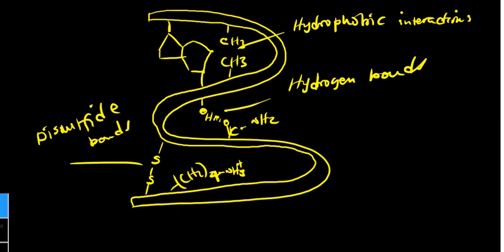For example, this is an amino acid. We have CH2. Then we have C like this. Then we have O, so positive and negative interactions. These are ionic interactions.